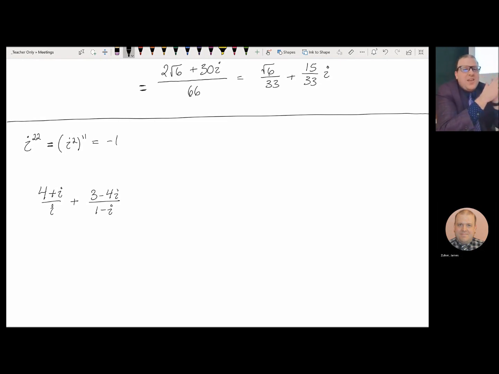So normally you would say, oh, find a common denominator and add them. Right? No. You have to multiply. You have to do the divisions first, and then you have the sum of 2 complex numbers.